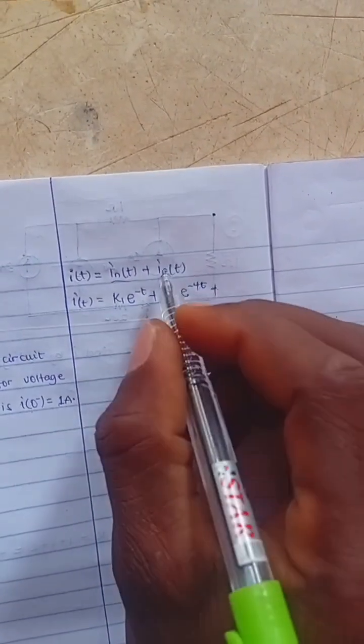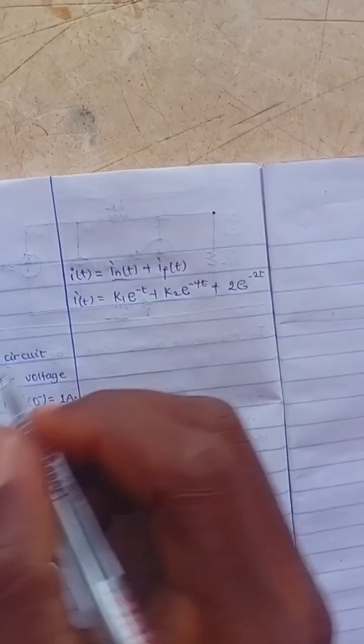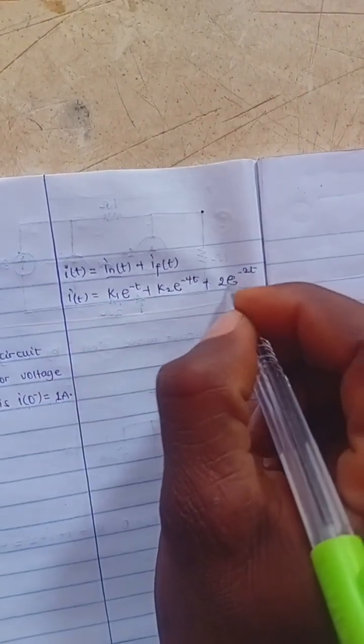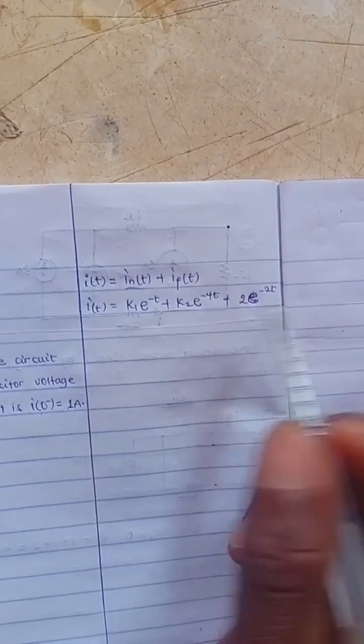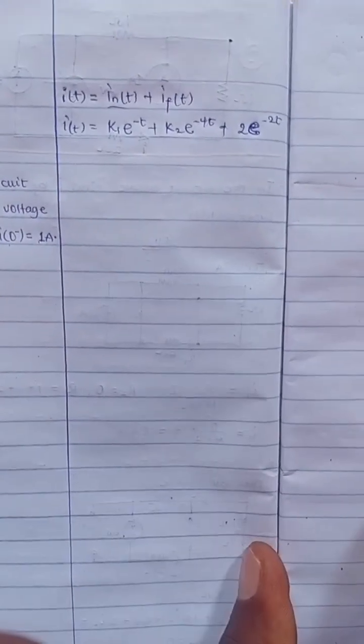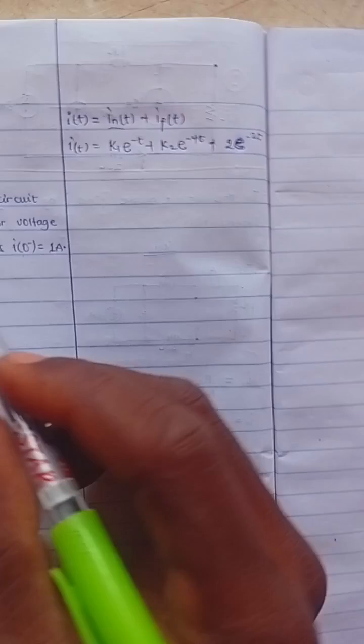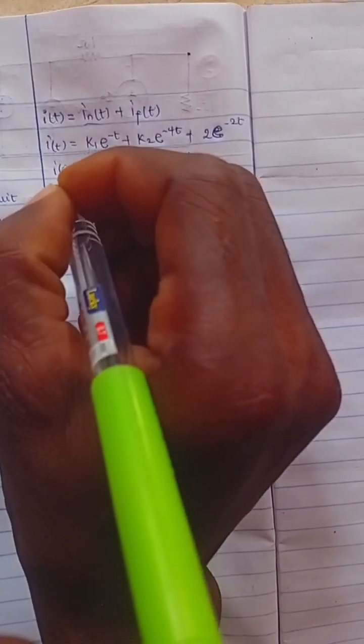Then plus the I first, which is 2 exponential minus 2t. So if you consider this equation, you have two more arbitrary constants to solve, but that is not a problem, because we always have a way to solve that. So how do we solve for the arbitrary constants k1 and k2? It's going back to the initial condition, where we have I at t equal to 0.